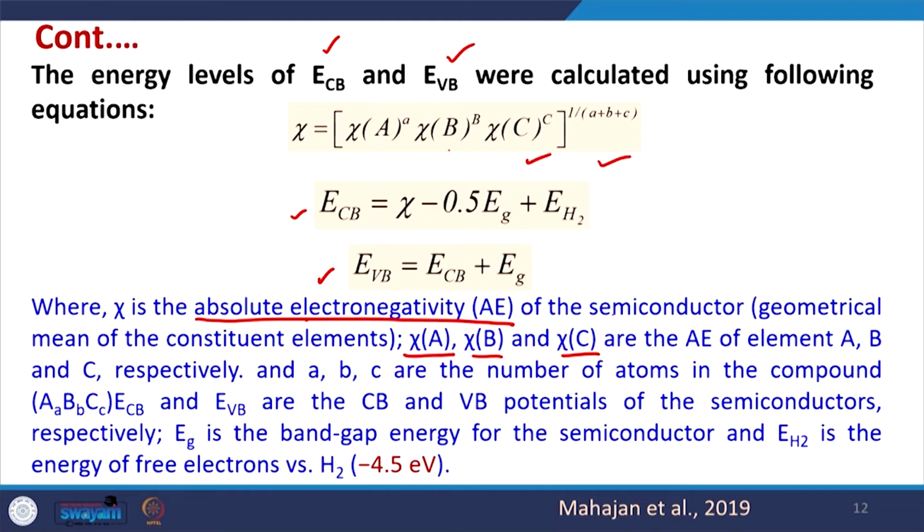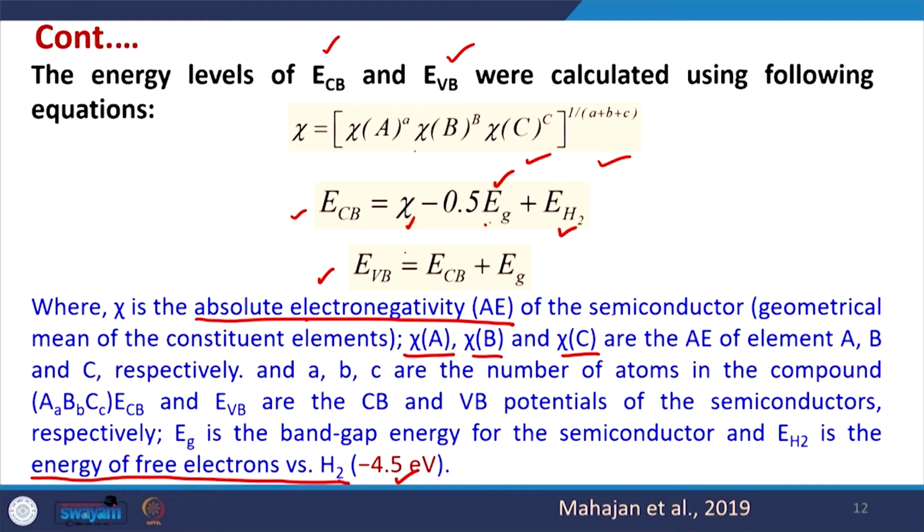Now, once this is known and the band gap is known, and also the EH2 value, the energy of the free electron on the hydrogen scale versus H2, which is 4.5 electron volt, is known to us. This value is known from the top plot, and this value we have calculated above. So, we can calculate the ECB, the conduction band.